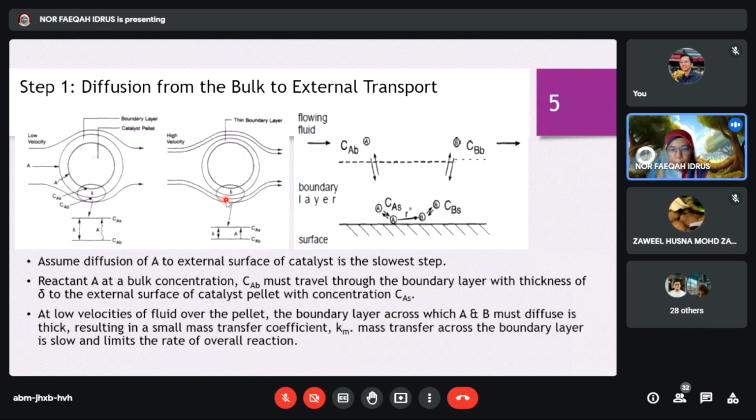So now what will happen? Bila dah banyak berkumpulnya all the reactant at the external surface, okay, external surface and also the active site, therefore mass transfer is faster than the reaction to produce product. So reaction becomes slower because there is more reactant compared to the active sites required to produce the product.